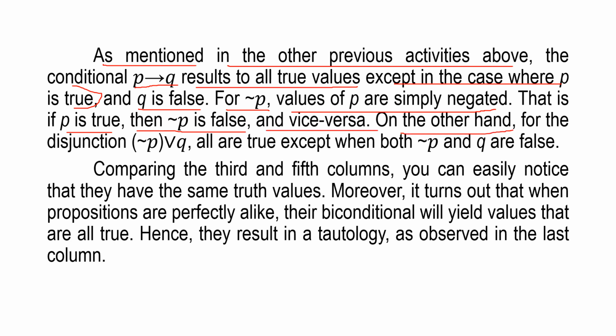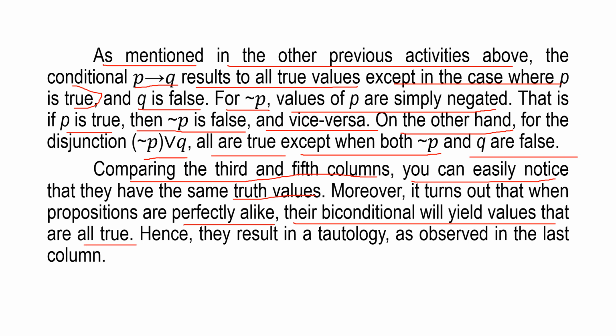On the other hand, the disjunction of negation P and Q is all true except when both negation P and Q are false, applying the concept of your disjunction. Comparing the third and fifth columns here, you can easily notice that they have the same truth values. Moreover, when propositions are perfectly alike, their biconditional will yield values that are all true.